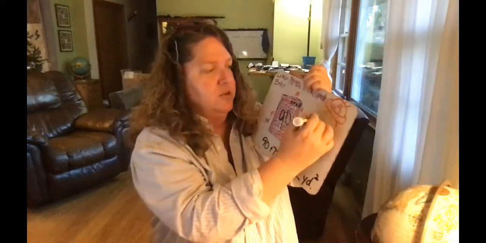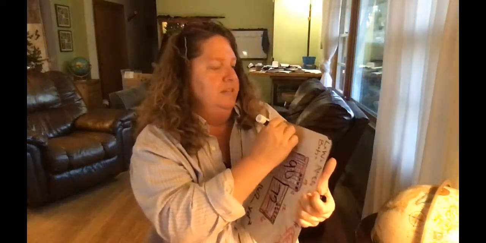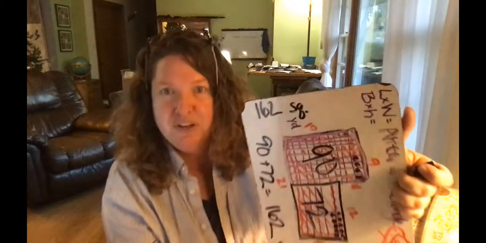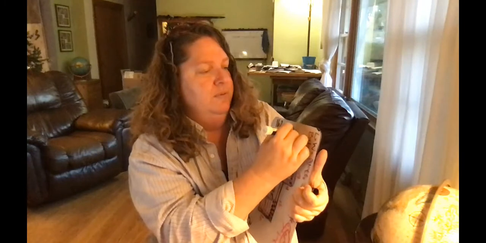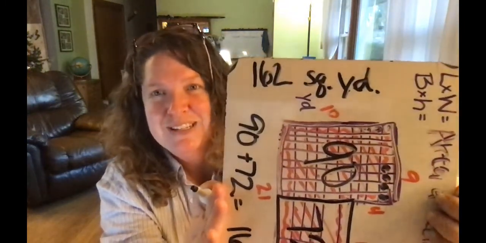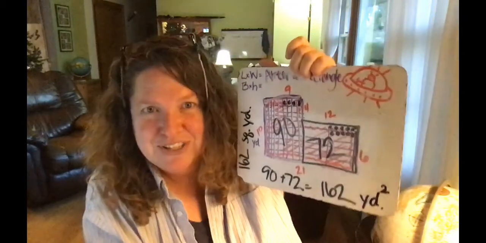You could also write it like this: 162 SQ. SQ is the abbreviation for square. YD, you could also abbreviate it, 162 SQYD, square yards.